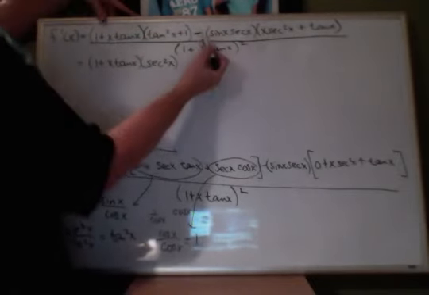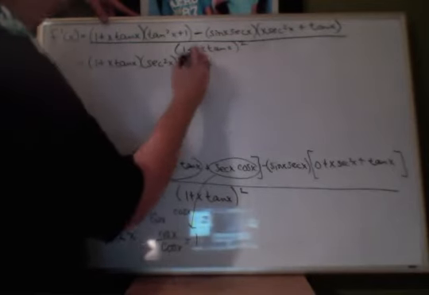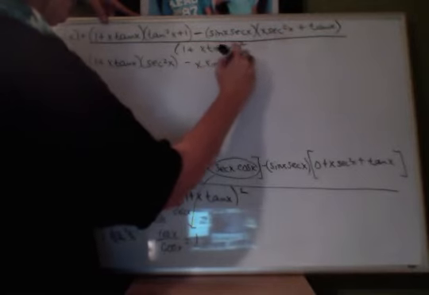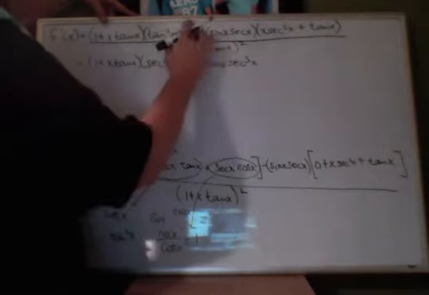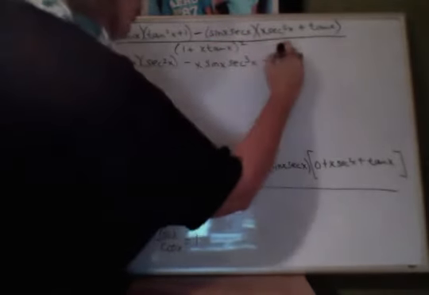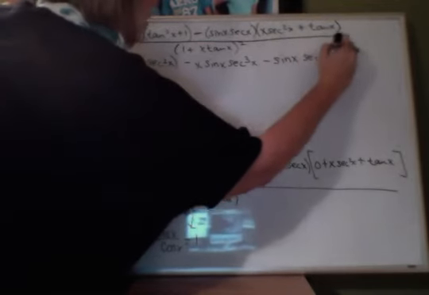So when I do negative sine secant times x secant squared, I get negative x sine x secant cubed. And when I do negative sine secant times tangent, I get negative sine secant tangent.